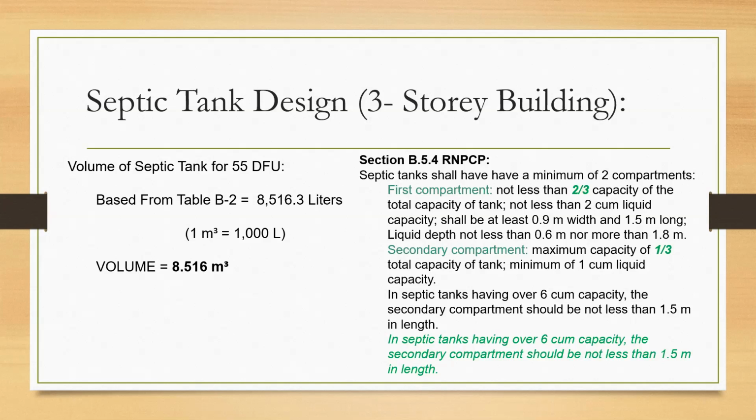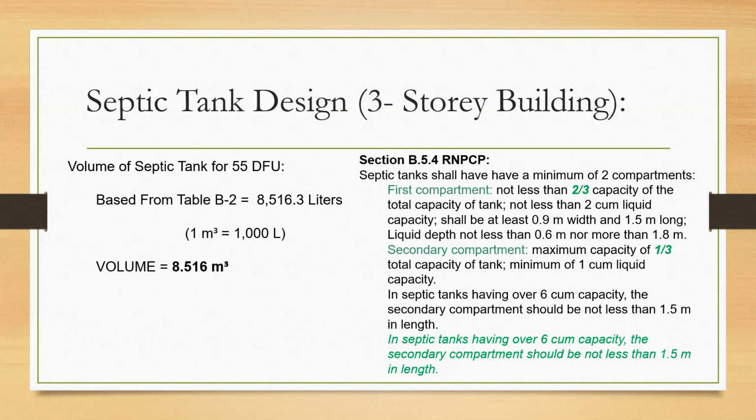Okay. Next, in septic tank, over 6 cubic meter capacity. So ilan ba yung ating volume? 8.5. So that exceeds 6 cubic meter capacity. The secondary compartment should not be less than 1.5 meters in length. So hindi po bababa ng 1.5 meters yung haba ng pangalawang tangke, chamber.